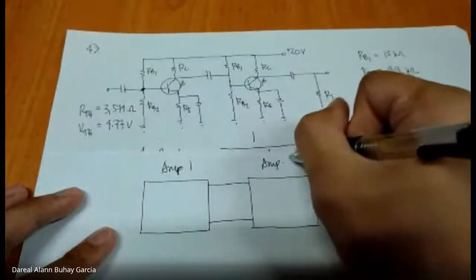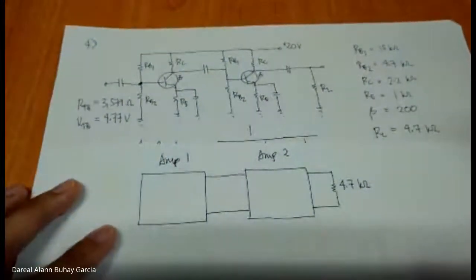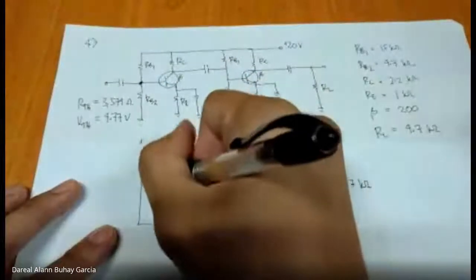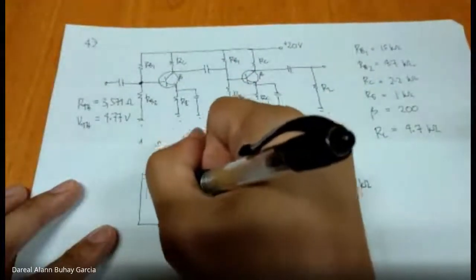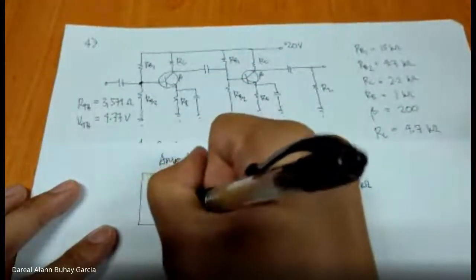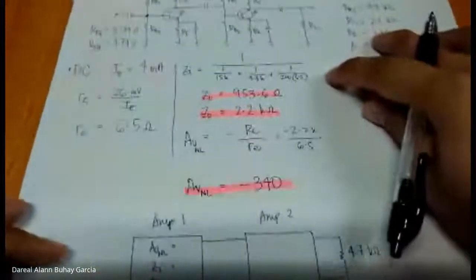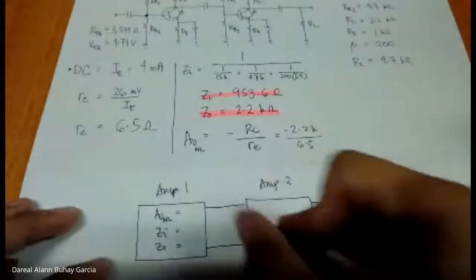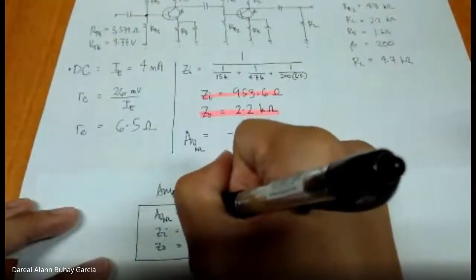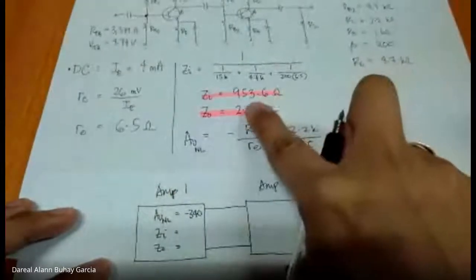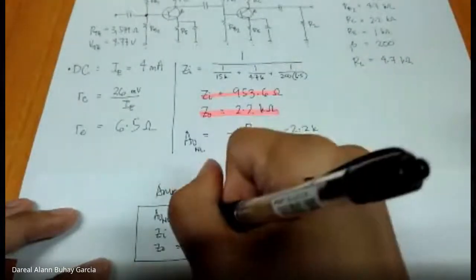Amplifier 2. AVNL1 is negative 340. ZI is 953.6.